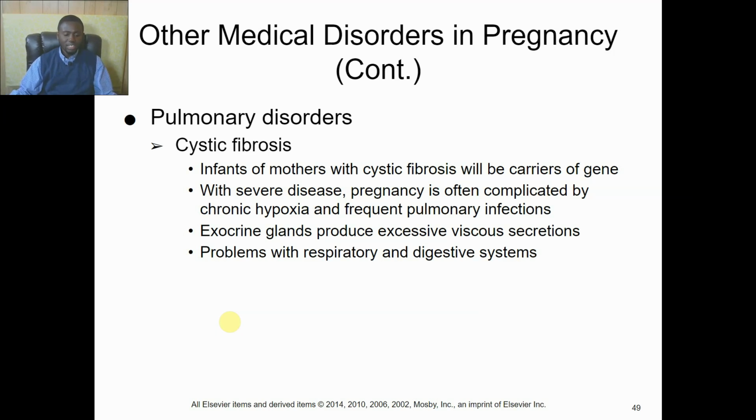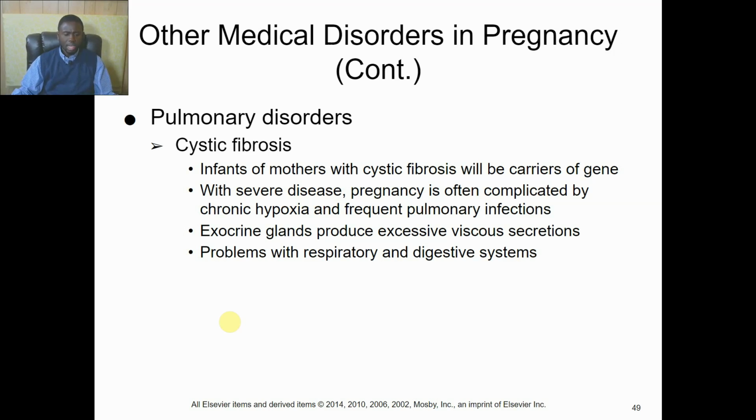With severe disease, pregnancy is often complicated by chronic hypoxia and frequent pulmonary infections, which means that the amount of oxygen to the fetus is going to be reduced, which will cause a decrease in the growth of the fetus. This is called intrauterine growth restriction, and this may predispose the mother to preterm labor.